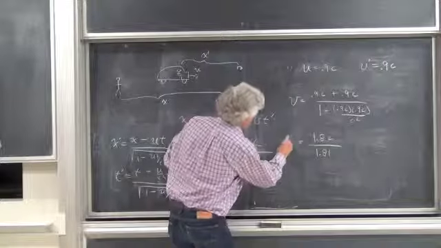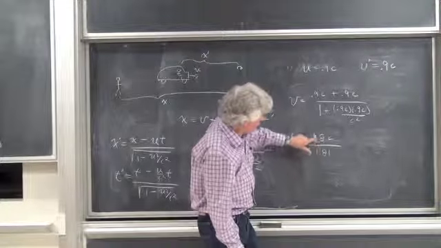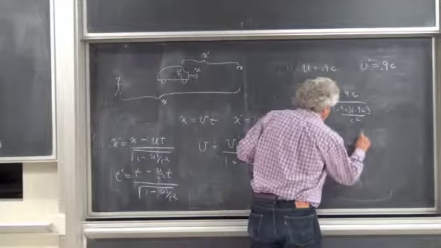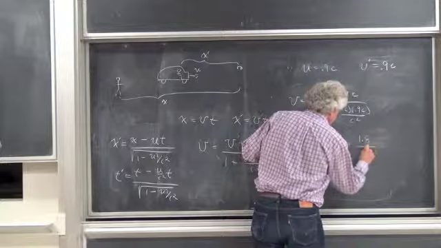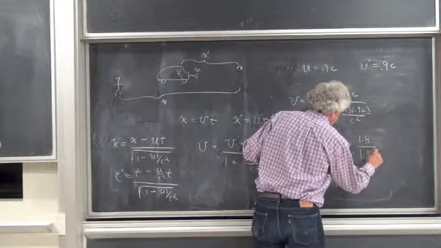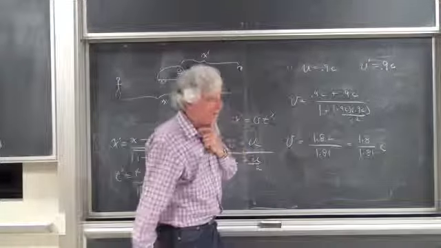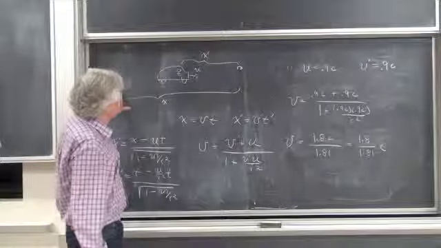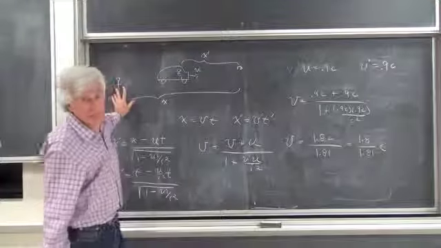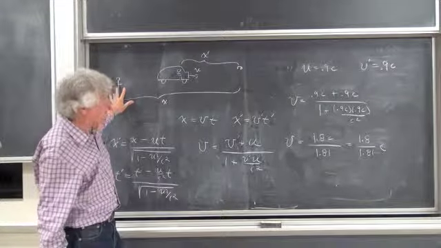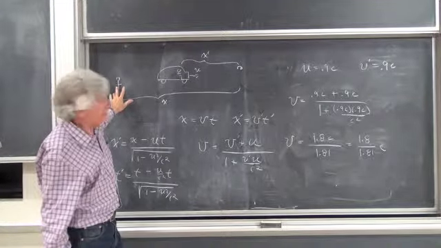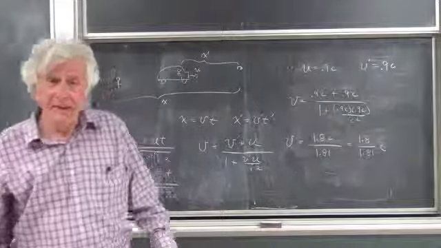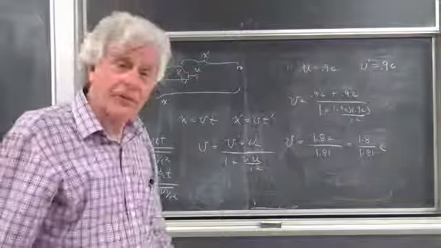And the thing to notice is that this number, although very close to the speed of light, is slightly less, right? It's 1.8 divided by 1.81 times c. So in this situation, the speed of this object seen by the stationary observer is still, although close to, still less than the speed of light. Next time we'll go ahead and follow this even further.